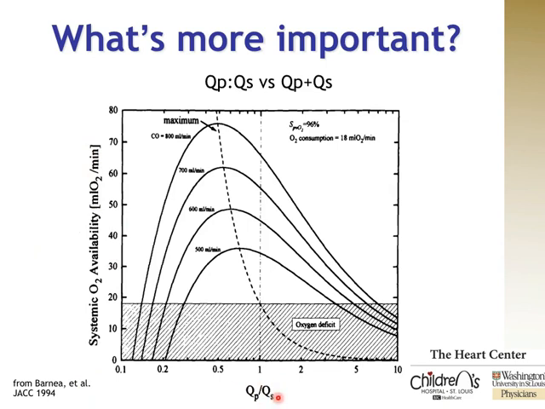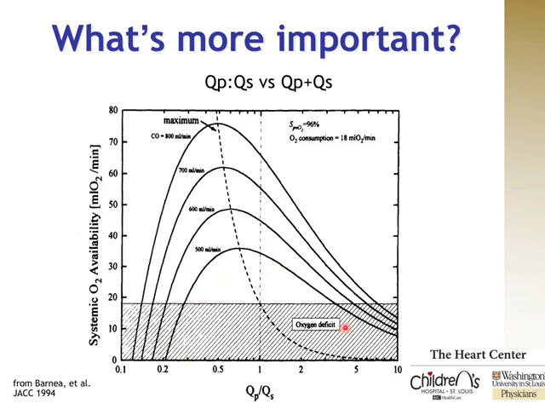On the x-axis, we have QP to QS ratio, and this is not a linear axis, you'll notice. There's a shaded area down at the bottom. Below this line in the shaded area is the area where oxygen delivery is inadequate, and we start to see acidosis. And so obviously we want to keep the patient up in the adequate oxygen delivery range in the white part of the graph.